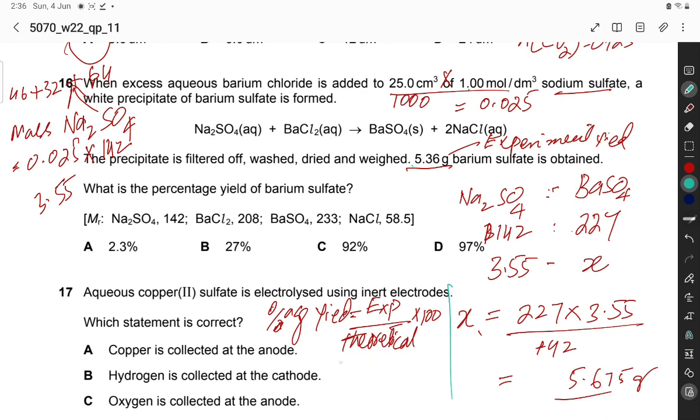Experimental is 5.36 divided by 5.675 into 100. 5.36 divided by 5.675 into 100.